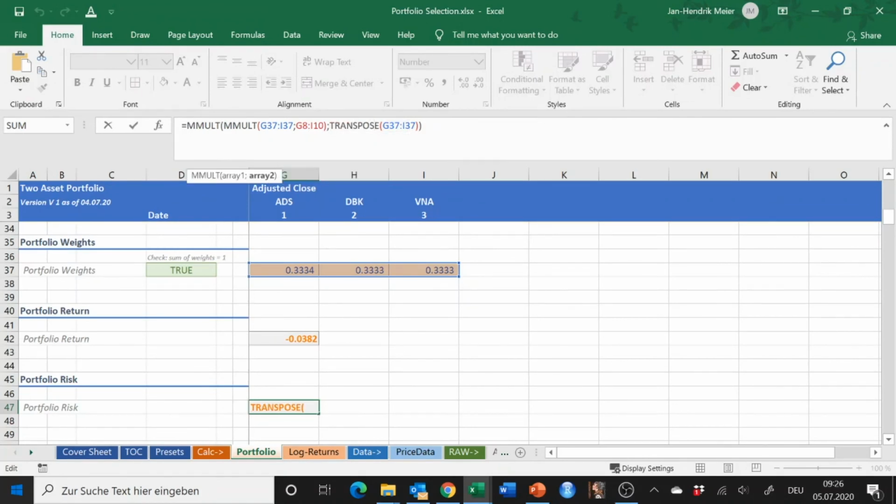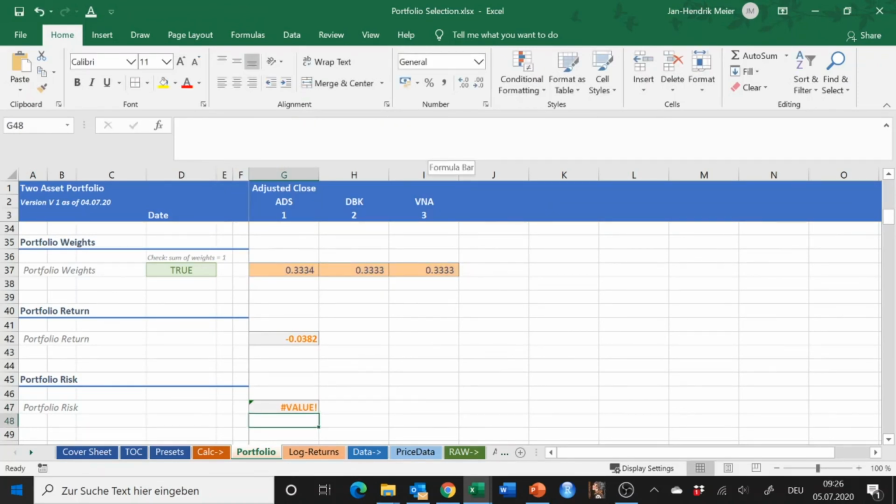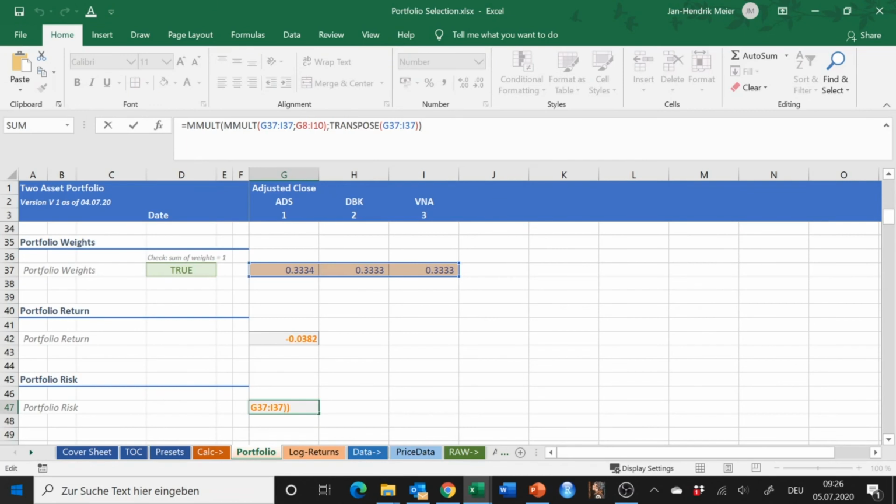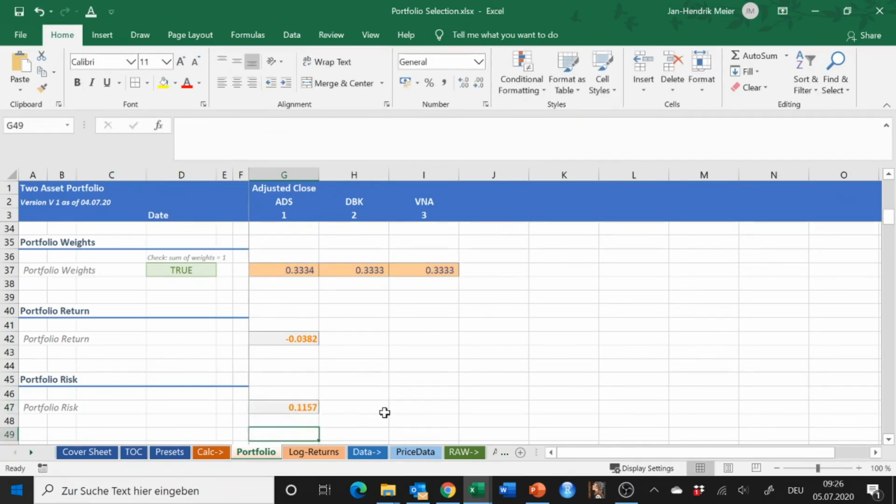Why do I transpose here and not here? Because these are vectors that are already lying horizontal, and accordingly I have to transpose the other vector. Now I get a value error, but I can go in here, press Control, Shift and Enter, and there's the result again. So here's my portfolio risk.